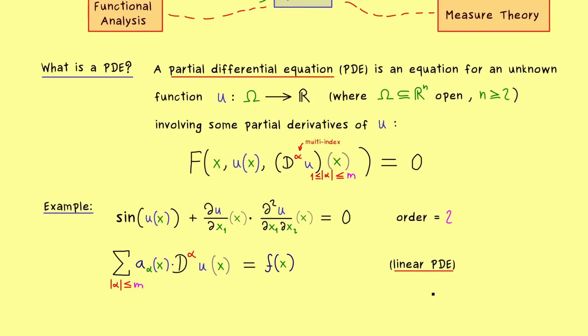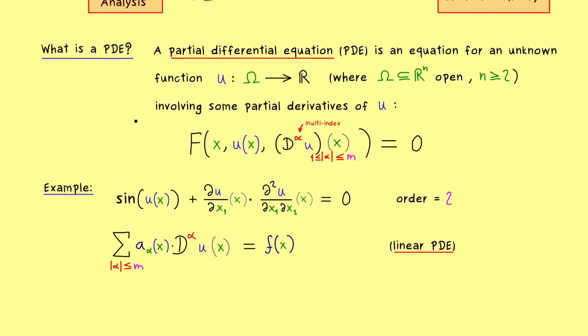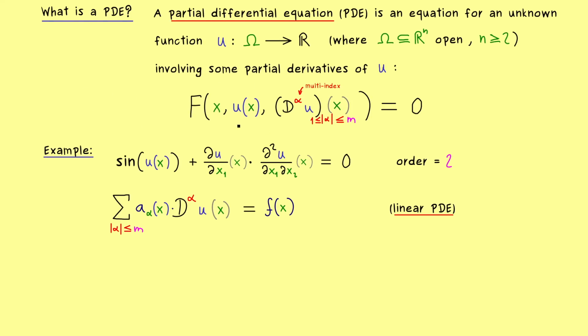And now for the last definition of this video, I want to tell you what a solution of a PDE is. In fact, what we have here at the start is a so-called classical solution. You might already see here that later in this course we will also define other solution notions. Why these other notions will be helpful we will see later, but first let's stay with the classical term.